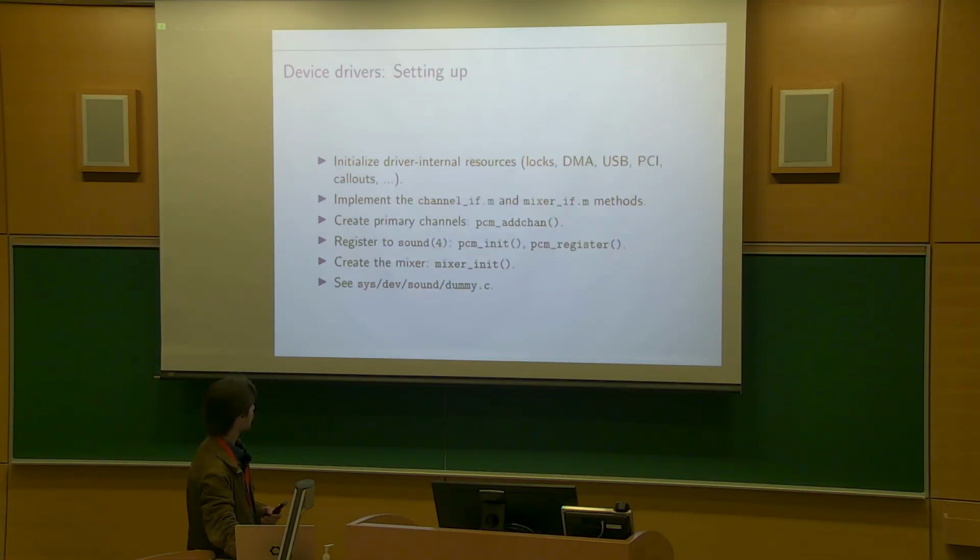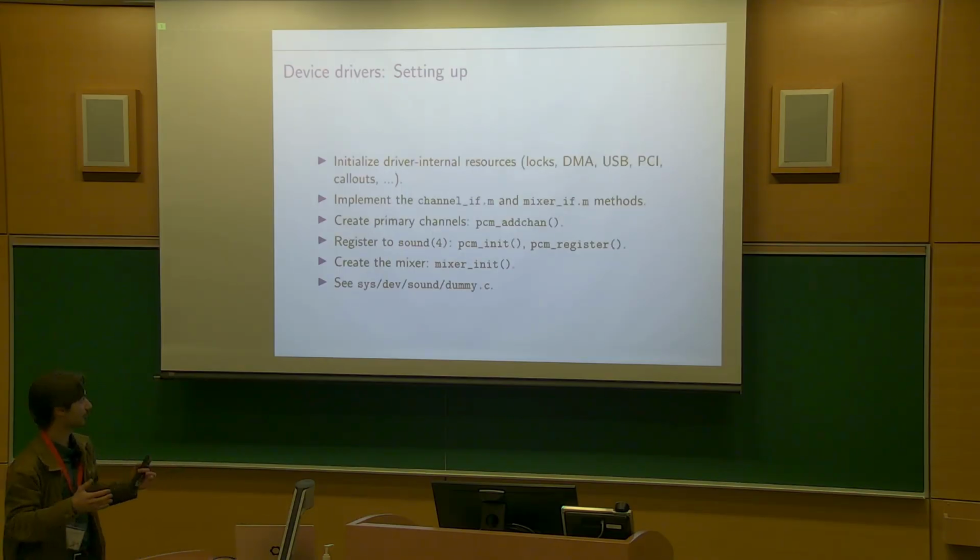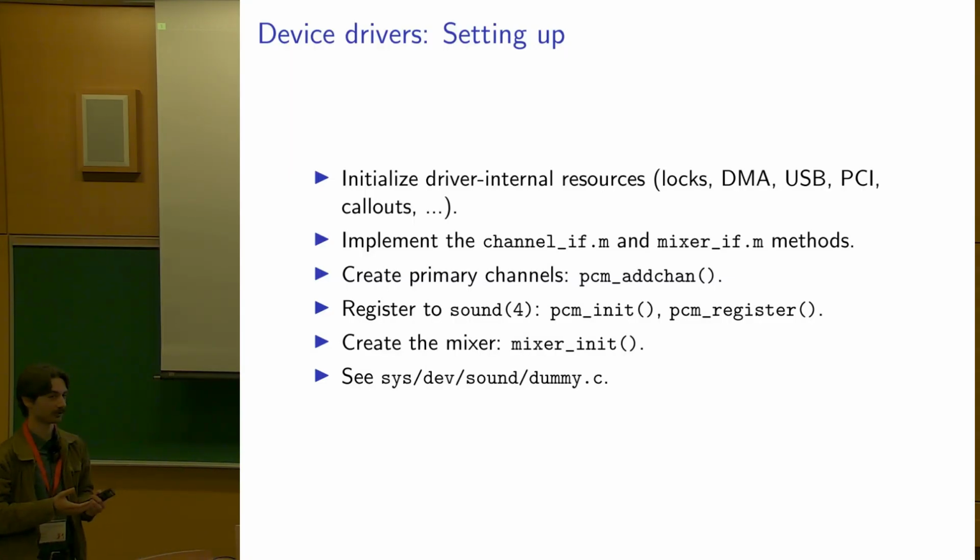So how does someone write a device driver? Let's say you have a brand new card that you need to support. First of all, as with every driver, you initialize the internal resources. If it's USB, you do the PCI setup, DMA, and set up any callouts you might want. Just normal driver initialization.